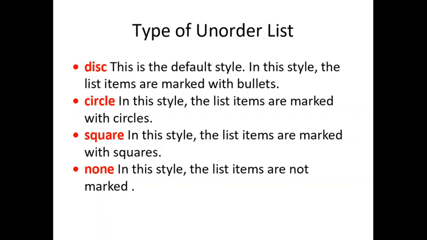Sometimes we don't need to show any marker on the screen. If I want to show the list items but not mark them, then we will use the none value for the unordered list.